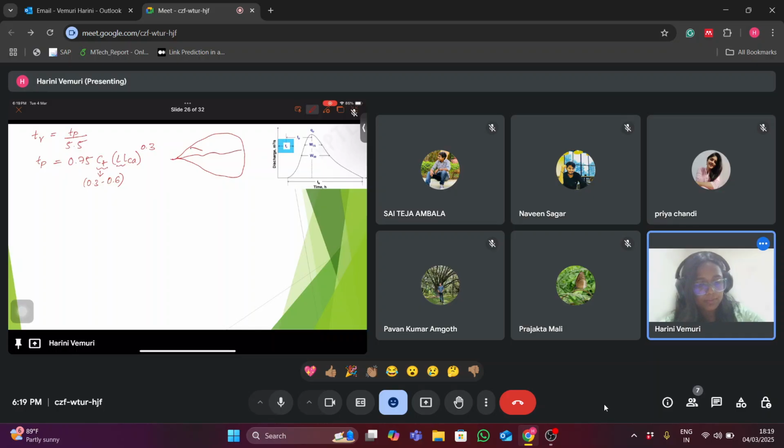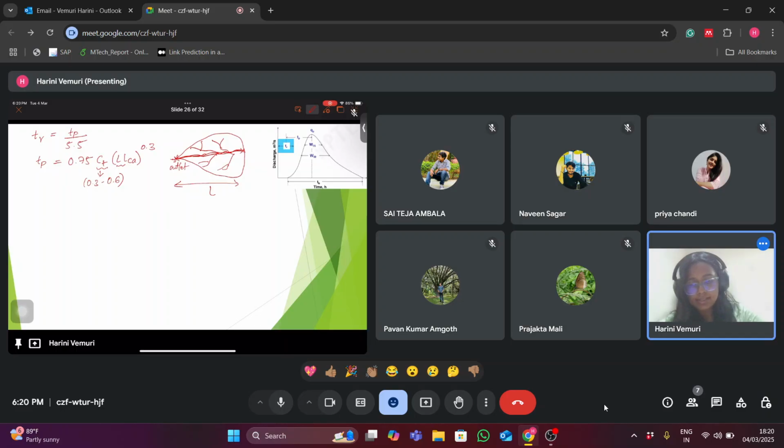Suppose we have a watershed like this, and this is our main stream. What does it say? Length of the main stream from outlet. This is our outlet, and on the main stream, the farthest point is this. So this is called the length of the main stream.